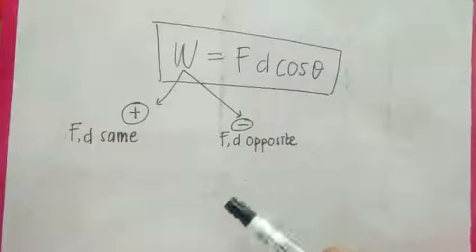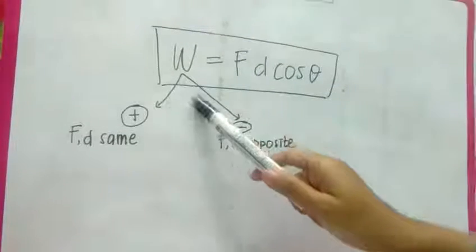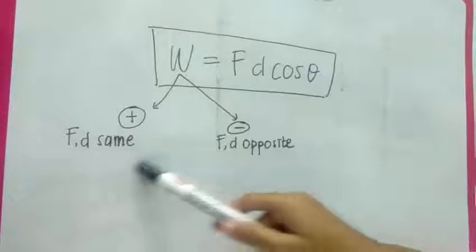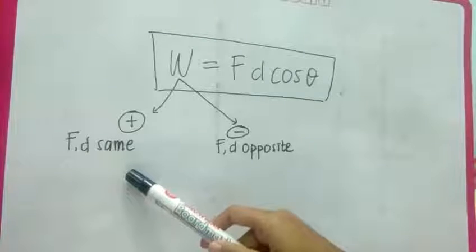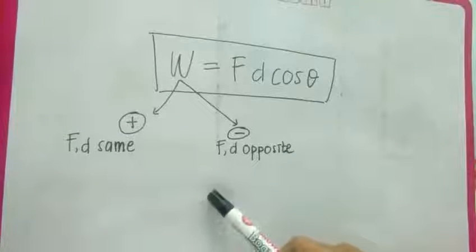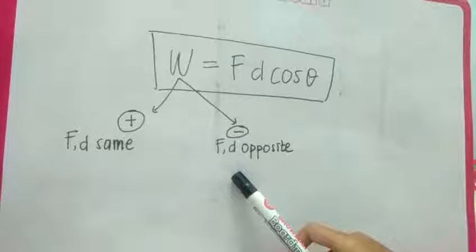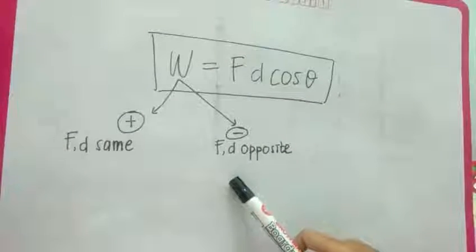Work is a scalar quantity. It means that work can be positive or negative. The work done by force is positive when the projection of F onto d is in the same direction as the displacement. But when the projection of F onto d is in the opposite direction to the displacement, the work done by force is negative.